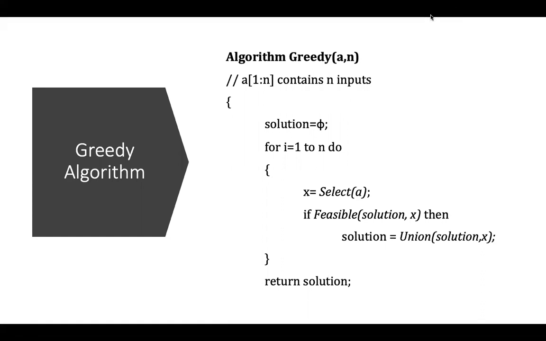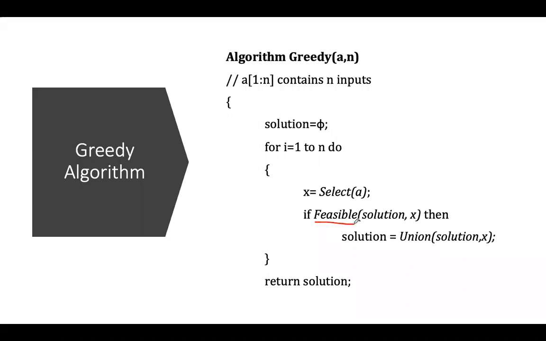One simple explanation: you have a number of inputs, and there is a solution. We will start with some basic solution, and go on selecting inputs one by one from the n inputs, and see whether the input you have selected is feasible with our present solution or not.